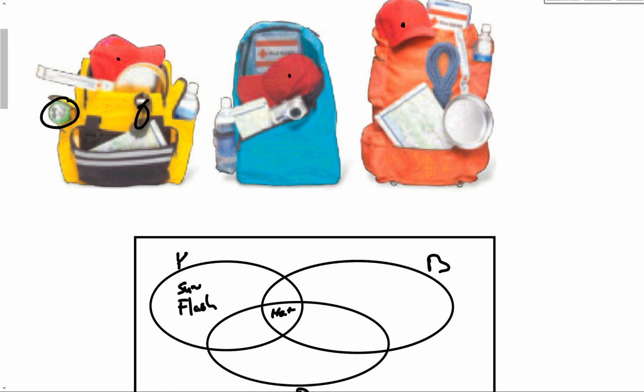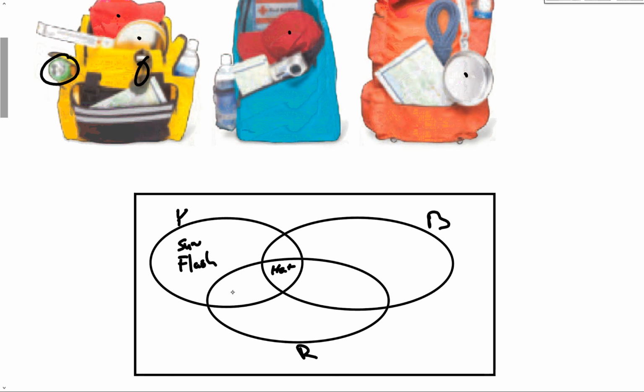So that's going to be in all 3. The yellow and the red both have this pan. So that's going to be in just the yellow and the red and not the blue. So the pan goes there.